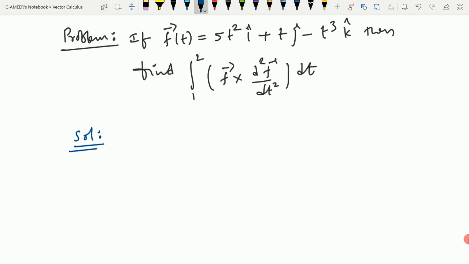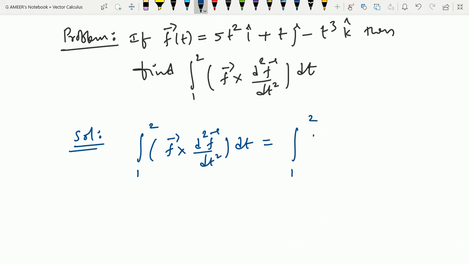So we need to estimate the integration from 1 to 2 of function cross product with its differentiation twice. That will become function cross only first derivative, df by dt. Of course we need to put the limits from 1 to 2, don't forget.